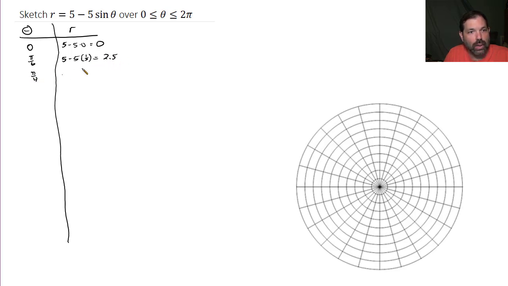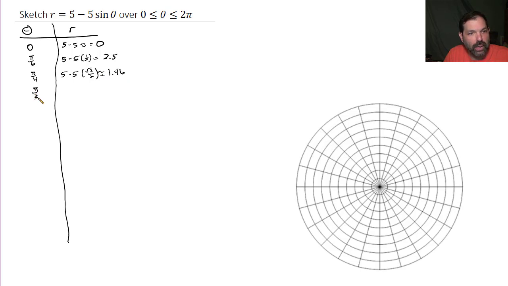Pi over 4, that's 5 minus 5 times square root of 2 over 2, which is approximately 1.46.